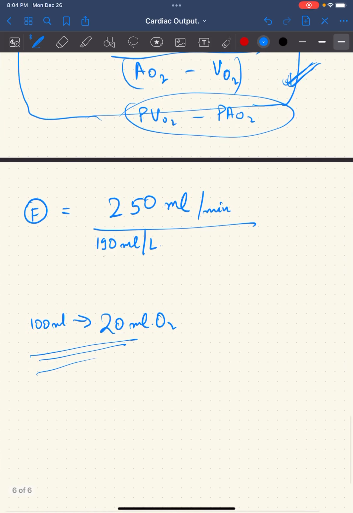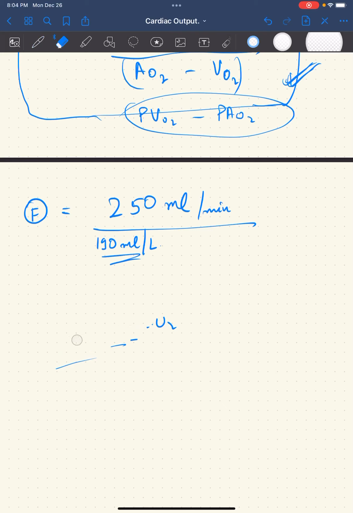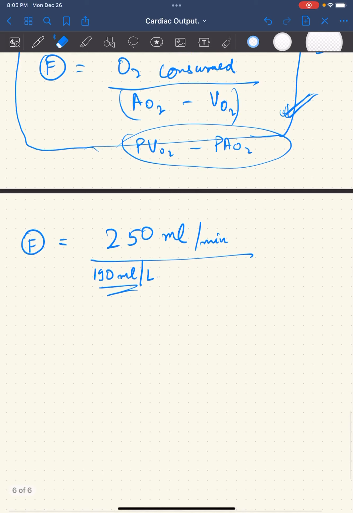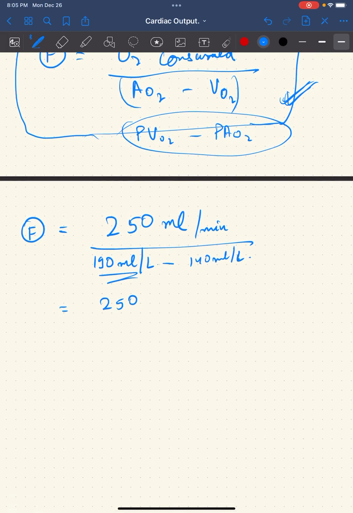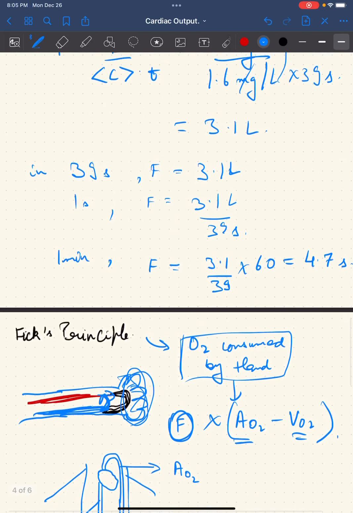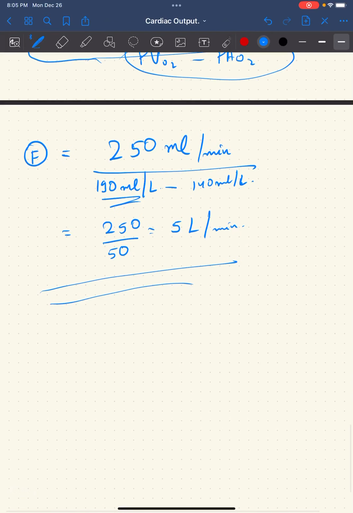So it is approximately 190 only in 1 liter. So arterial O2 level is 190 ml per liter minus venous is 140 ml per liter. If we subtract, we are getting 250 divided by 50 equals 5 liter per minute. So this is the way Fick's principle works. I hope you get it.